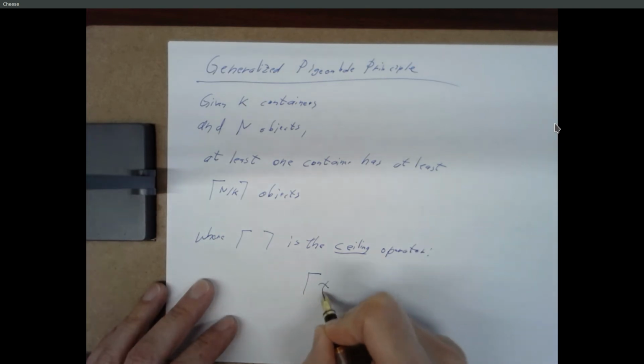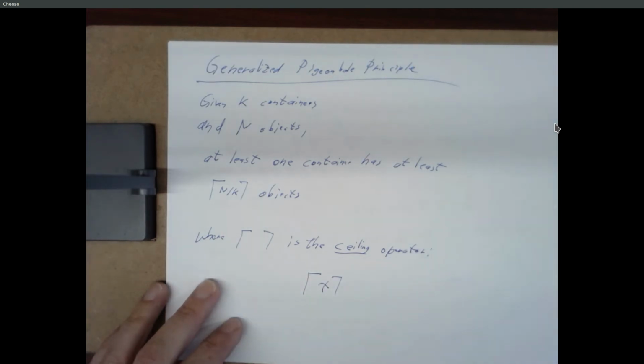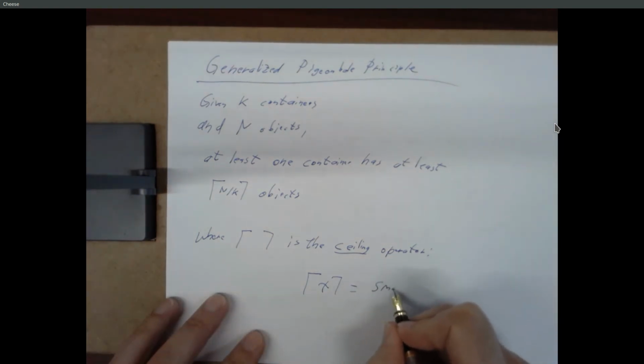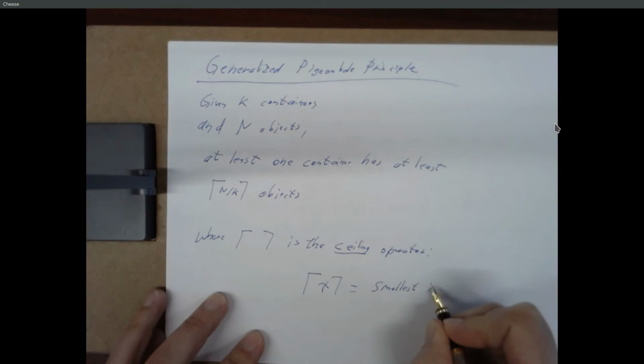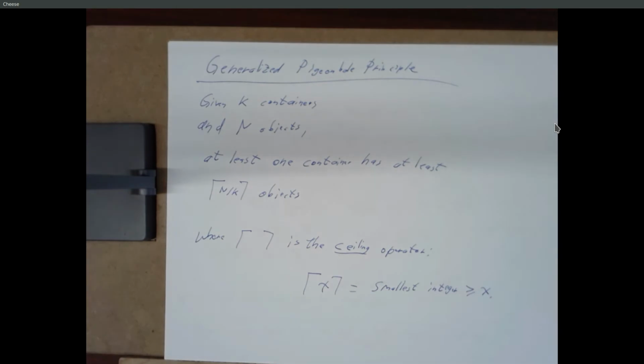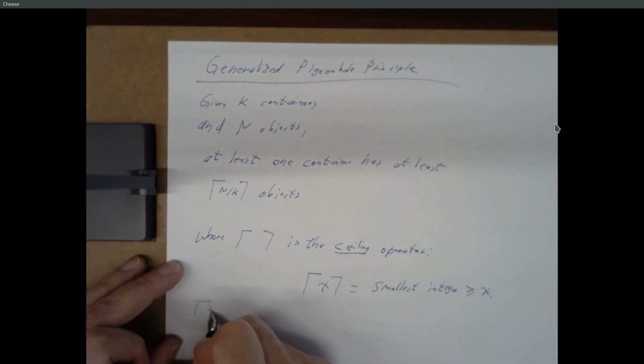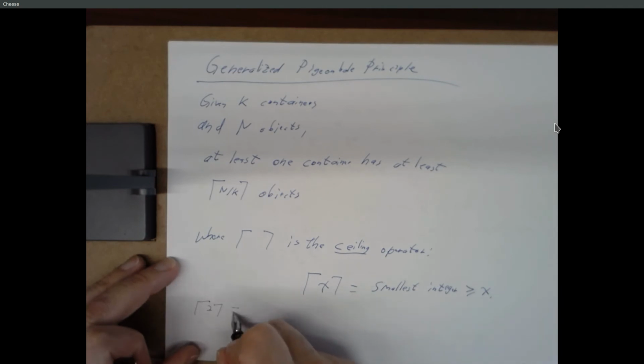And the ceiling works like this. Ceiling of x equals the smallest integer bigger than or equal to x. So let's look at the ceiling operator first. Smallest integer bigger than or equal to 2 is 2.